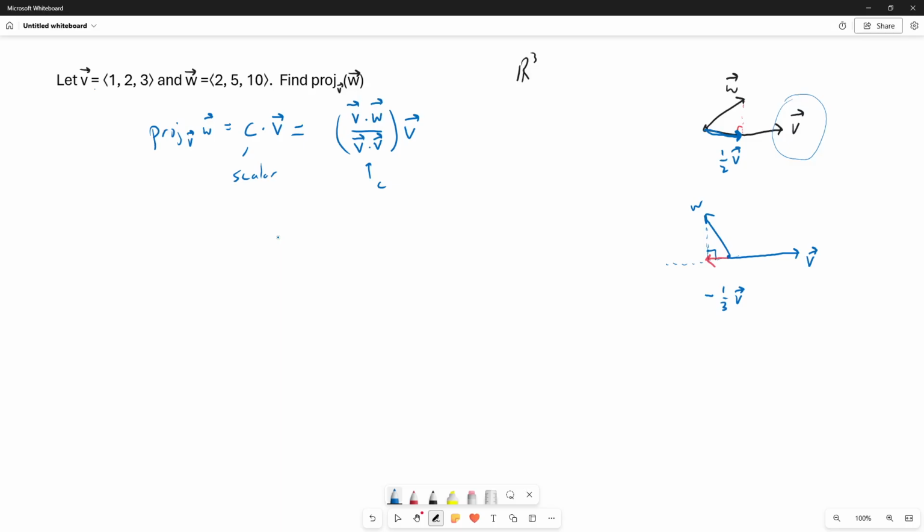Okay, before we do this particular example, let's just investigate some very simple projections. v dot v is the magnitude of the vector v squared. So it's interesting if the vector v is a unit vector, and in 3 dimensions, the nice unit vectors are i, j, and k. So let's take a look at the projection of this vector w onto the vector i.